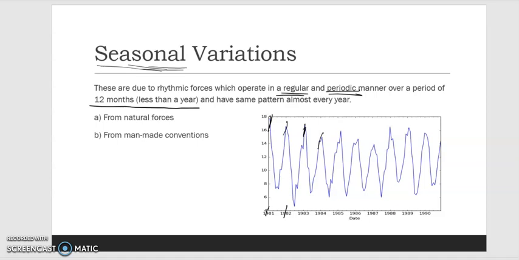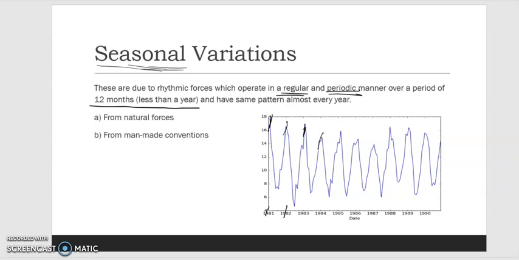But these are some man-made beliefs or conventions because of which the seasonal variations occur. So during these seasons, the sales rise, and when there are not many festivals or weddings happening, the sales fall down.